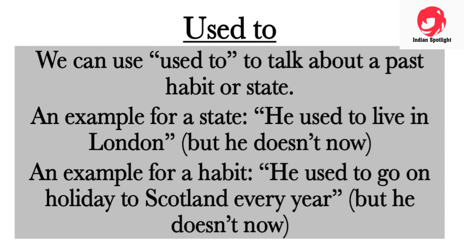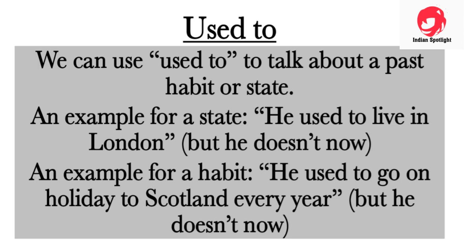Used to: we can use used to talk about our past habit or state, anything that had happened in the past. If we are talking about all those things, whether of habit or state, then we go for used to. For example of a state, he used to live in London.